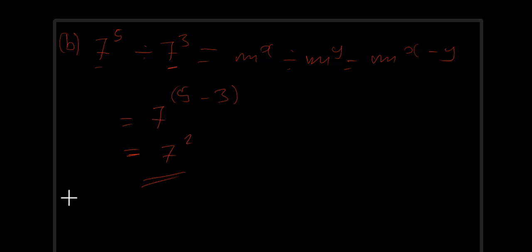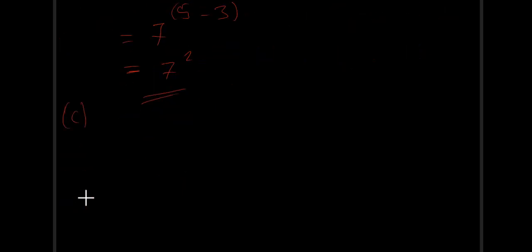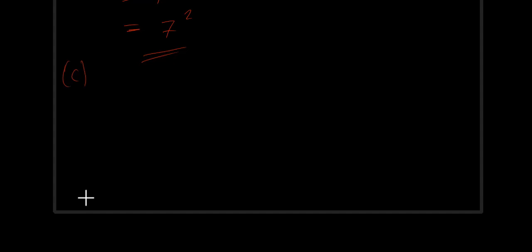So this is how we solve. Let's do the last question, question C on division of indices. Then I'll give you some questions which you can try out. We have been given another question: r to the power 6 divided by r to the power 3.